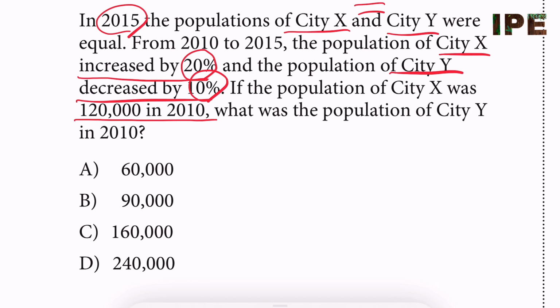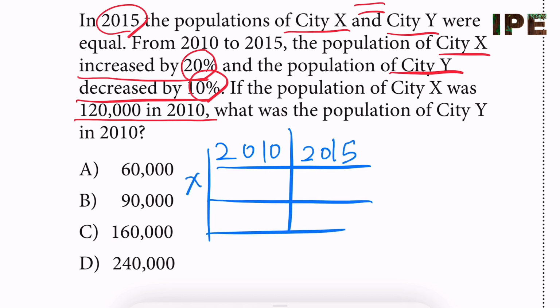I'm going to draw a small table here very quickly: 2010 and 2015, and city X and Y. City X had 120,000 people in 2010. Then city X's population increased by 20%, so times 0.2.